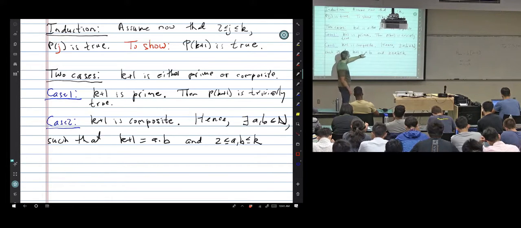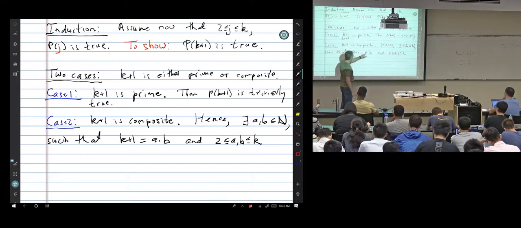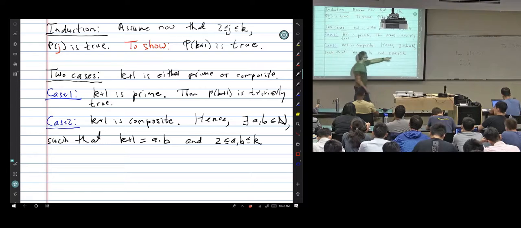I can write it as natural numbers that are bigger than or equal to 2 and smaller than K plus 1. So that would be K.